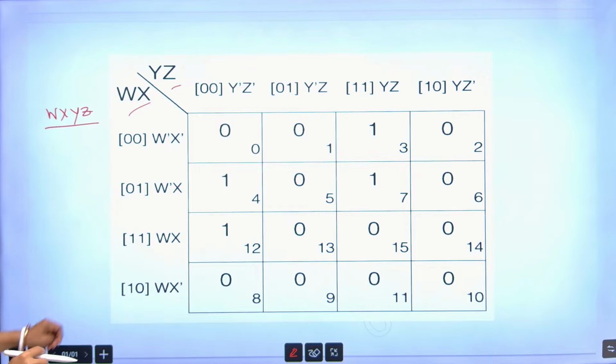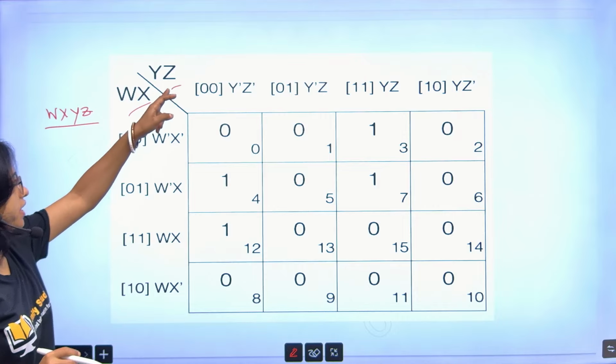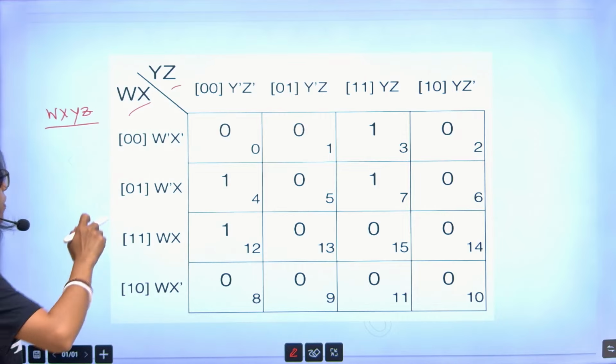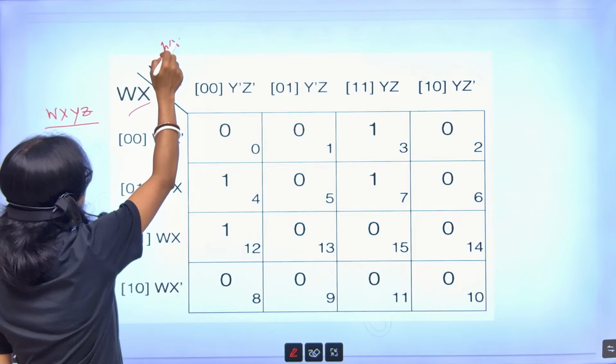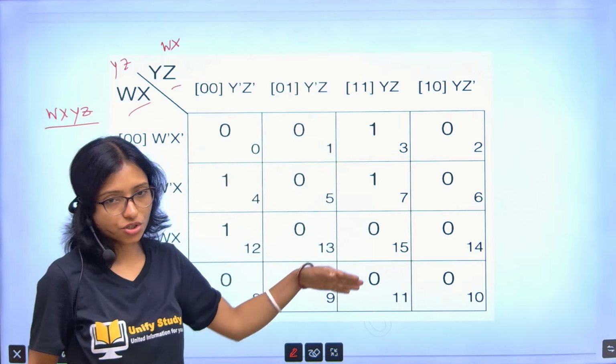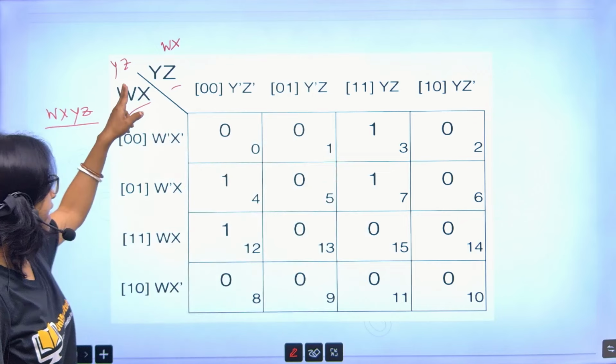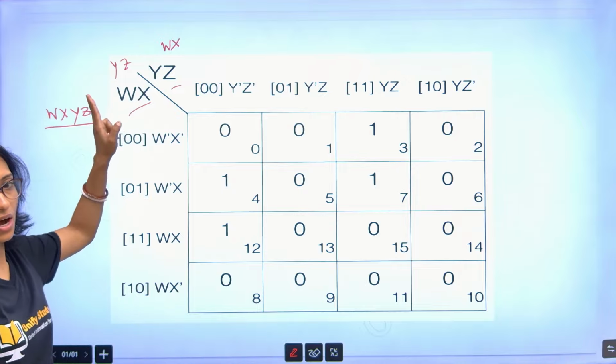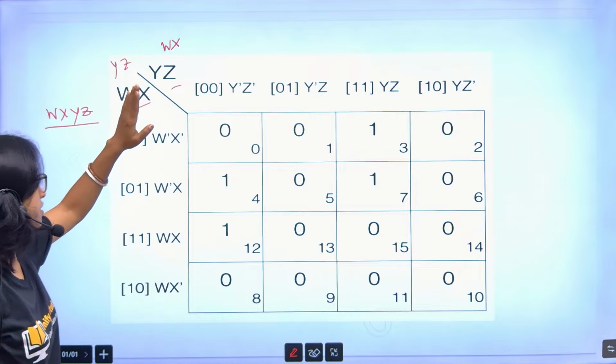Now at the time of writing I wrote here wx, here yz. If you are writing wx here and yz here, then the total value will change. That's why which one you are writing and how you are writing is very important.